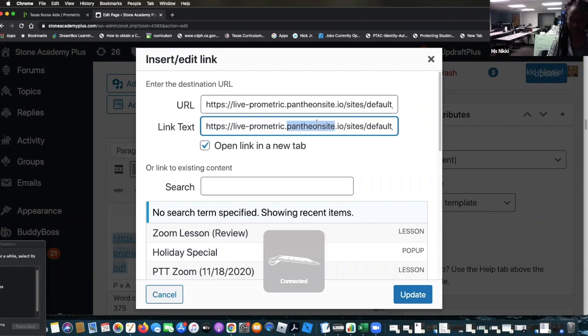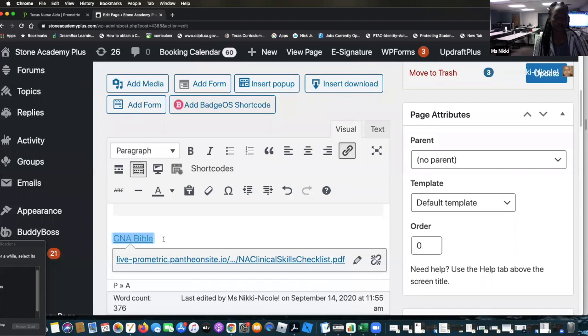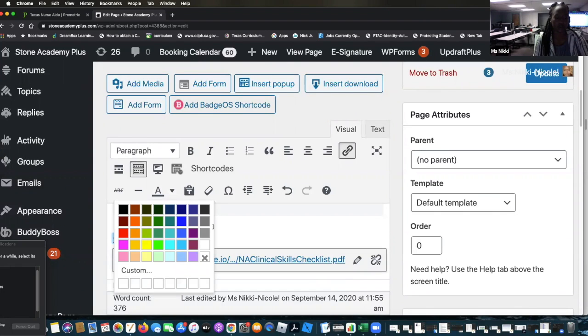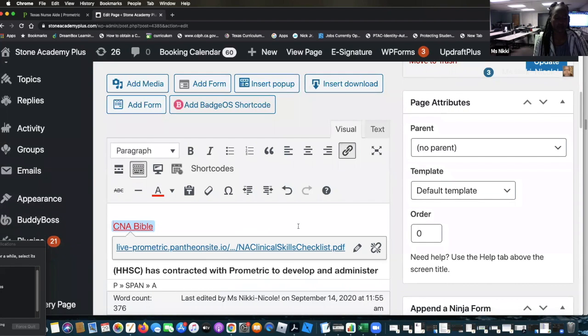So what I did was I titled it CNA Bible and I've made it red.